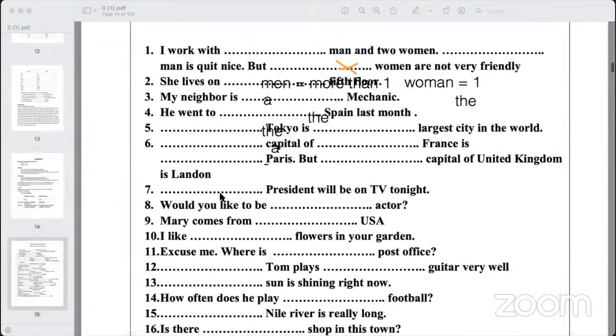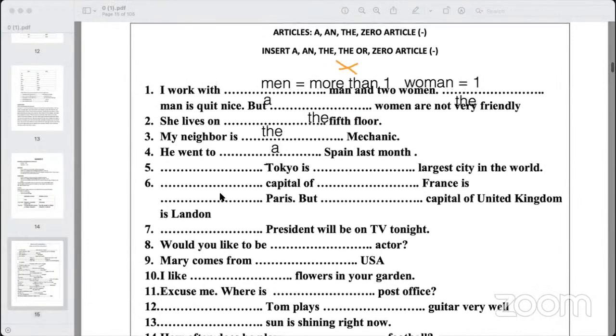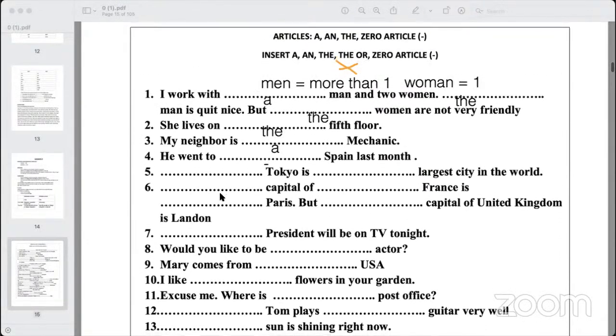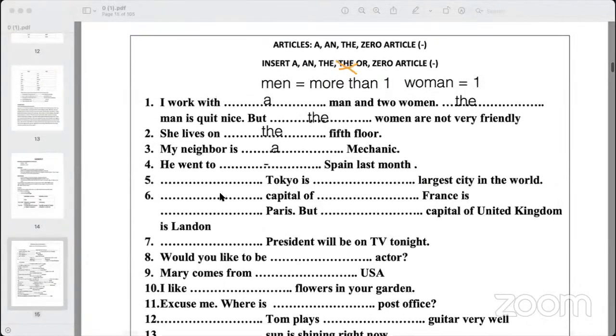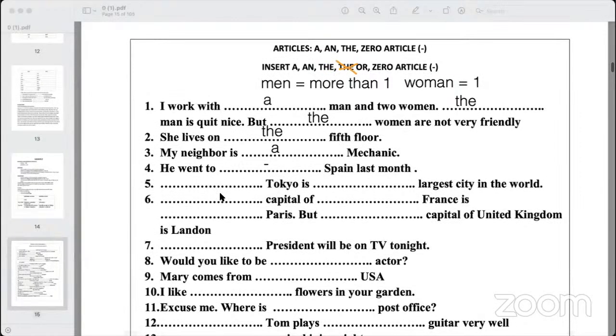So this sentence here is a zero article. In fact, you wouldn't even need to use that. You can just leave it as "he went to Spain last month." There's no need to really leave a gap before that sentence. You can just say "he went to Spain last month" without even including the zero article.